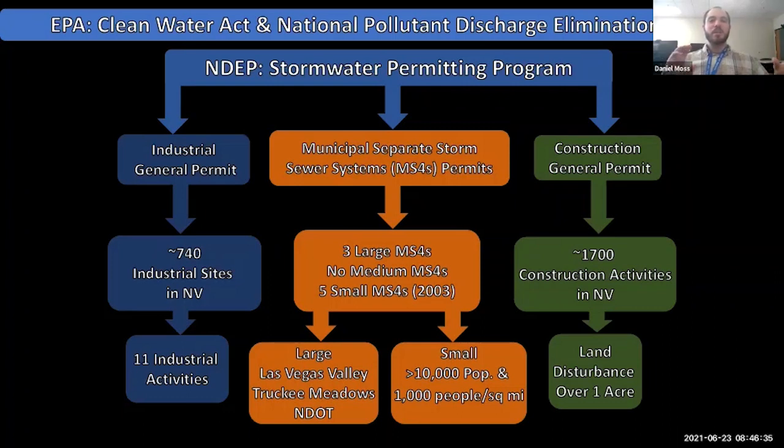So separate from the sewer discharge from wastewater from your home is the stormwater system. And then we have the construction general permit. We'll be mostly focusing here on the construction general permit and how those regulations apply.